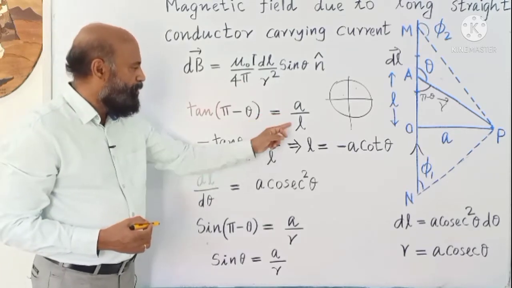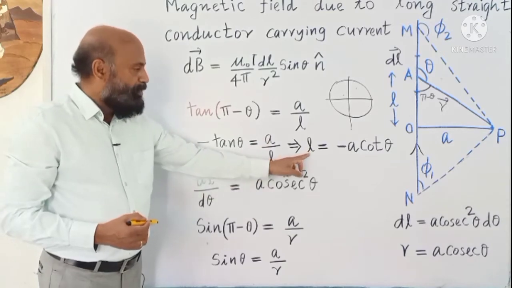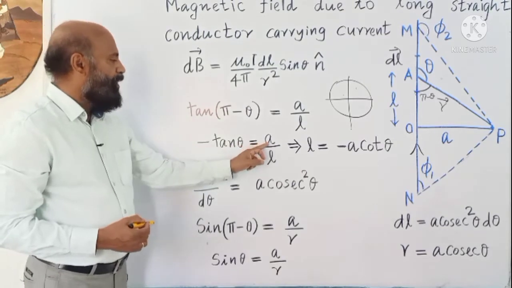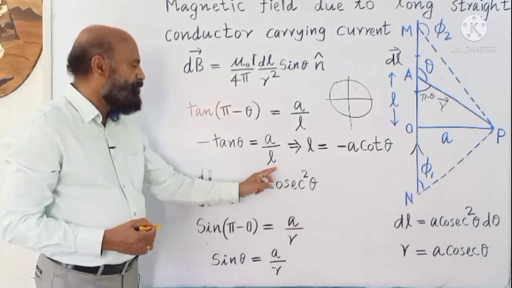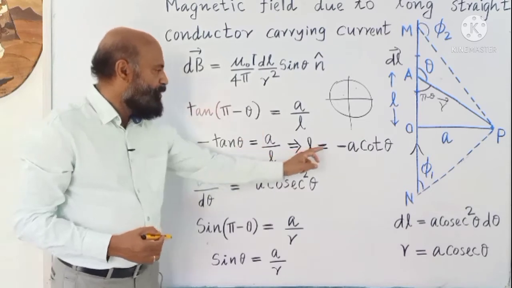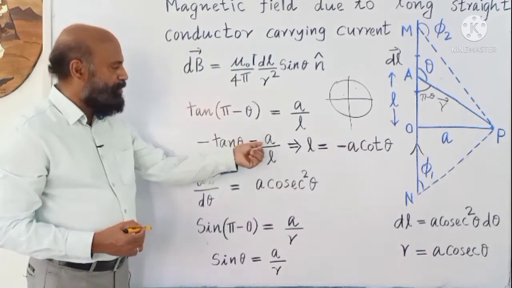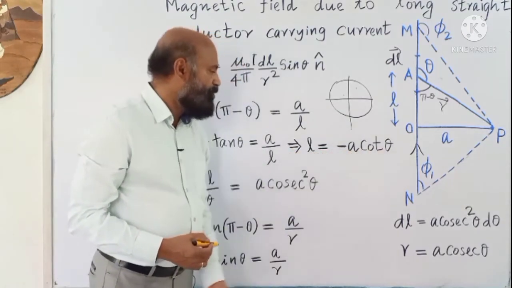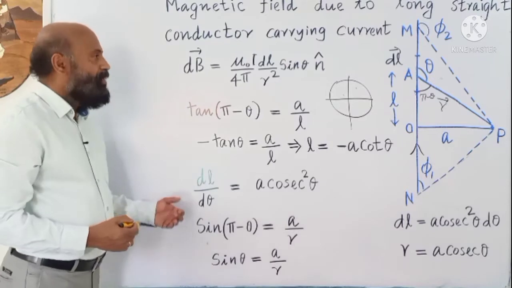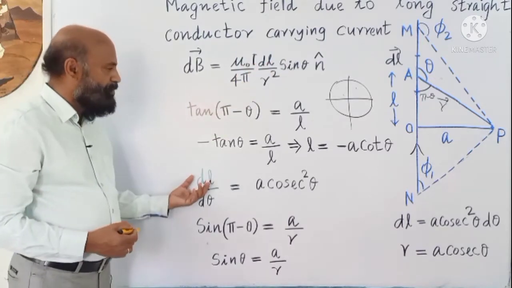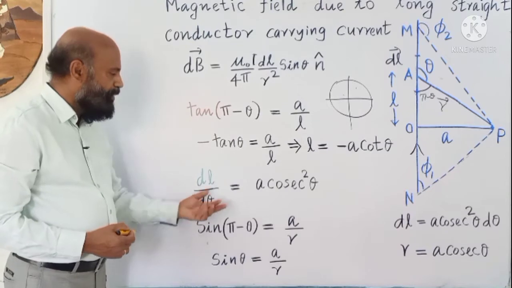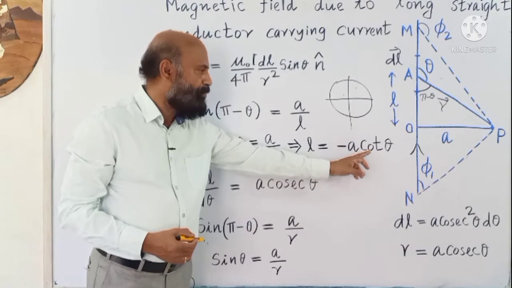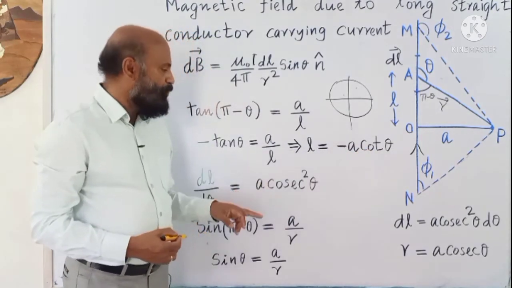Using trigonometry you can write minus tan theta equal to a by l. After rearranging you can write l as a divided by tan theta, with the negative sign. One by tan theta is cot theta. Then take this negative sign to the other side. So after rearranging, l is equal to minus a cot theta. Our aim is to get dl, so you differentiate: dl by d theta is a times the differential coefficient of cot theta, which is minus cosecant square theta.